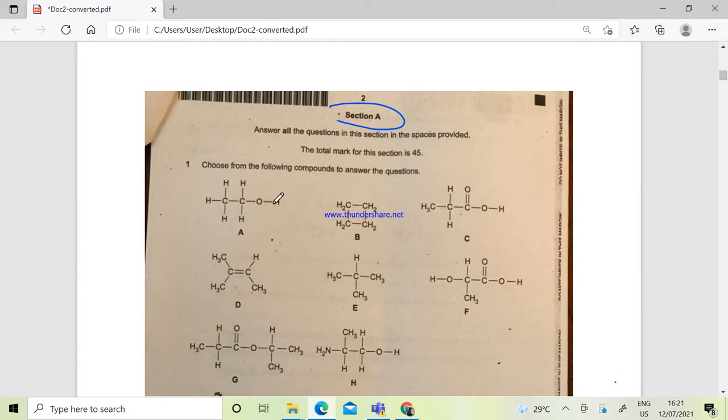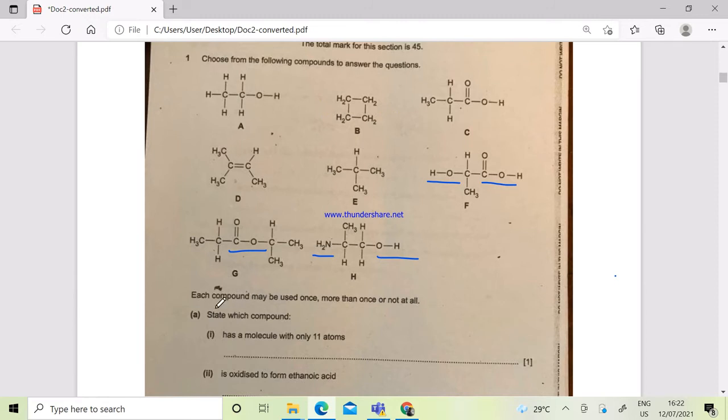You have alcohol, a cyclic alkane, carboxylic acid, again alkene and alkane, carboxylic acid with alcohol, ester, alcohol and NH2 group. Part 1a.